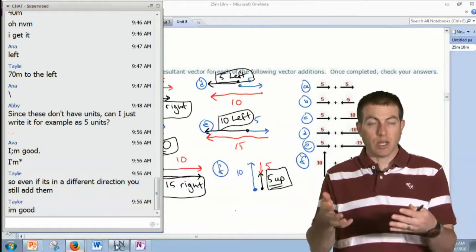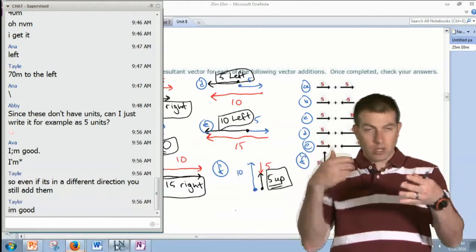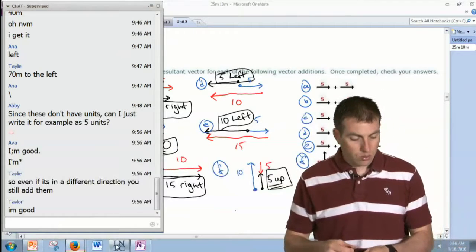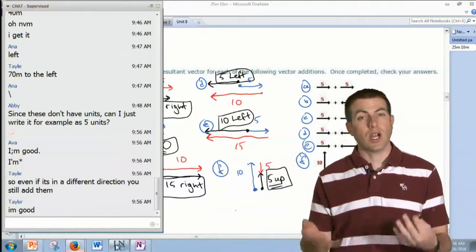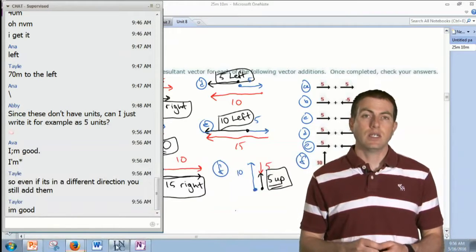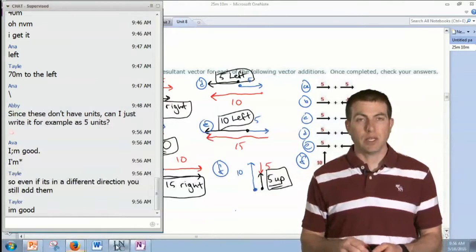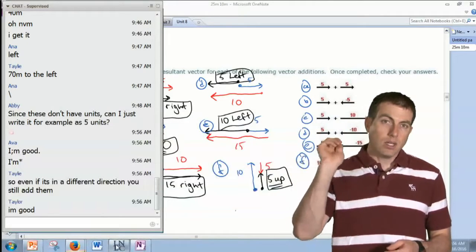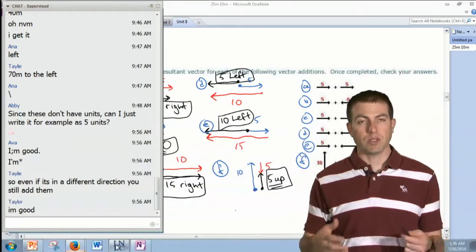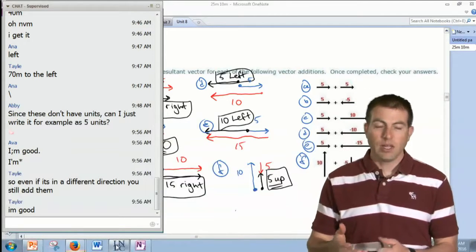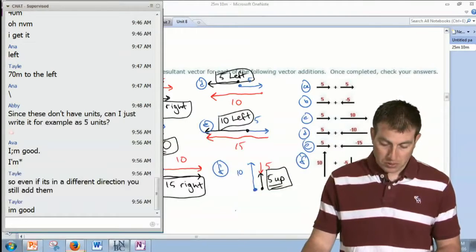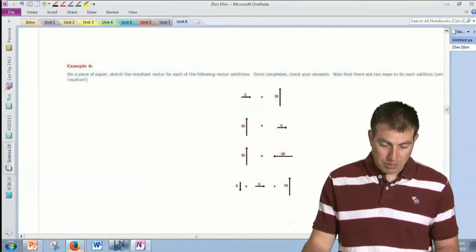Even though your boat's moving, the water is pushing you back, and you're pushing at the same rate as the water. So this is what physics is all about, describing motion. We start with really basic ideas, and then we can get into really complex things. If I throw this pencil off a cliff, how long does it take to hit the ground? You can use some formulas to calculate things like that. So that's what we're going to build up towards, but we're going to start at a very basic level.